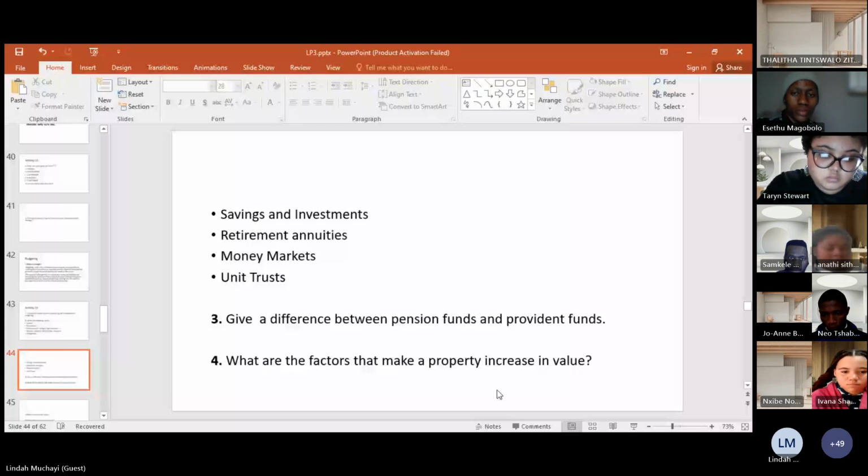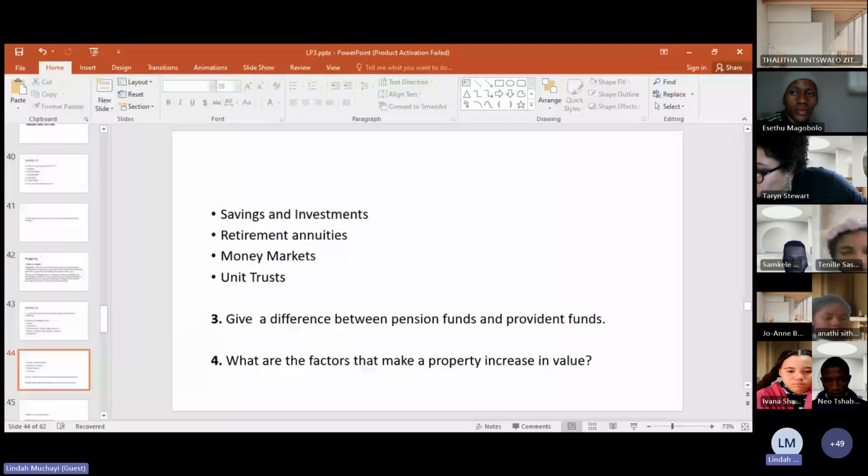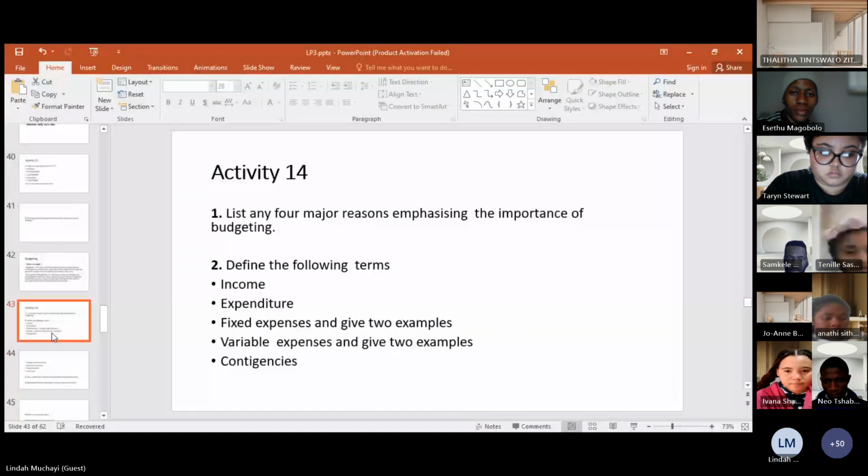Sorry, ma'am, can I just get the last question on the previous page, and then you can continue. Okay, you told me 10, you want to get it. Okay. Thank you, ma'am. You can continue. Okay.